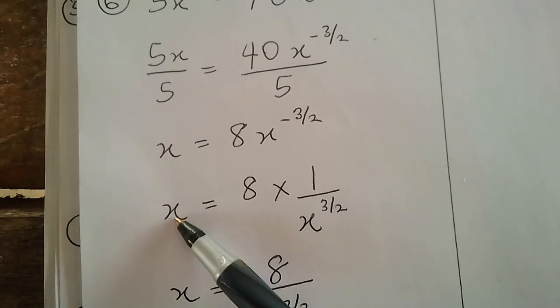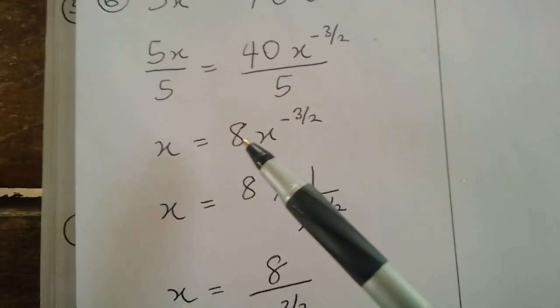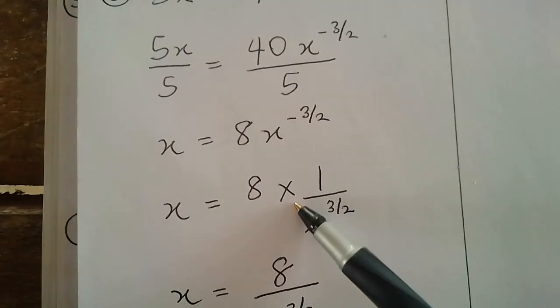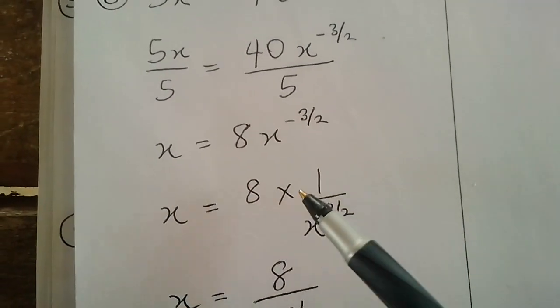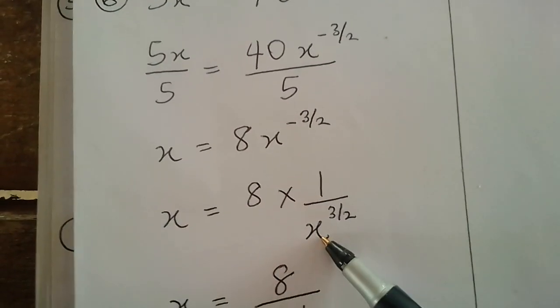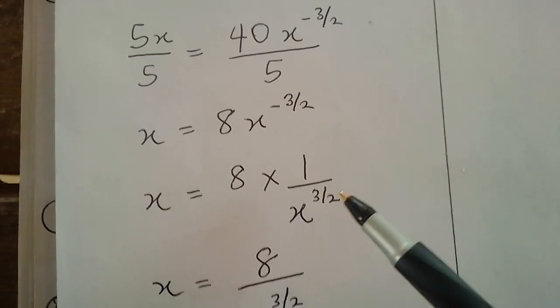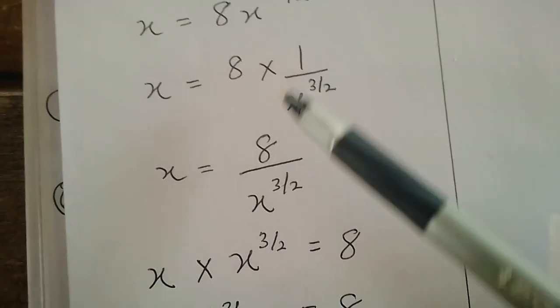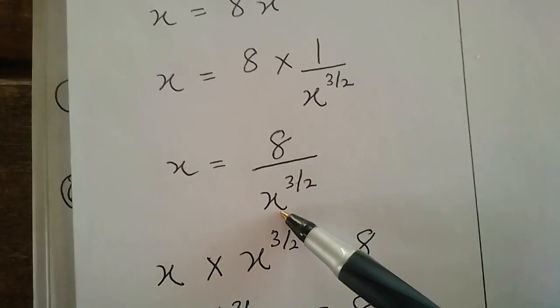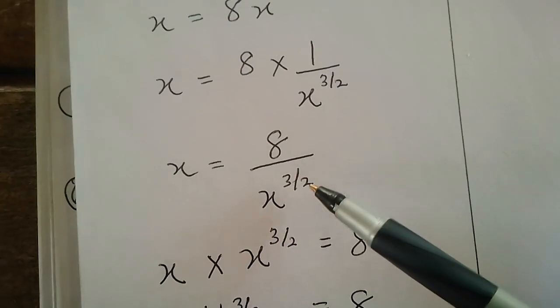So you have x, this is still 8. Are you following me? So you have x is equal to 8 times 1 over x raised to power 3 over 2, the same thing as saying x is equal to 8 over x raised to power 3 over 2.